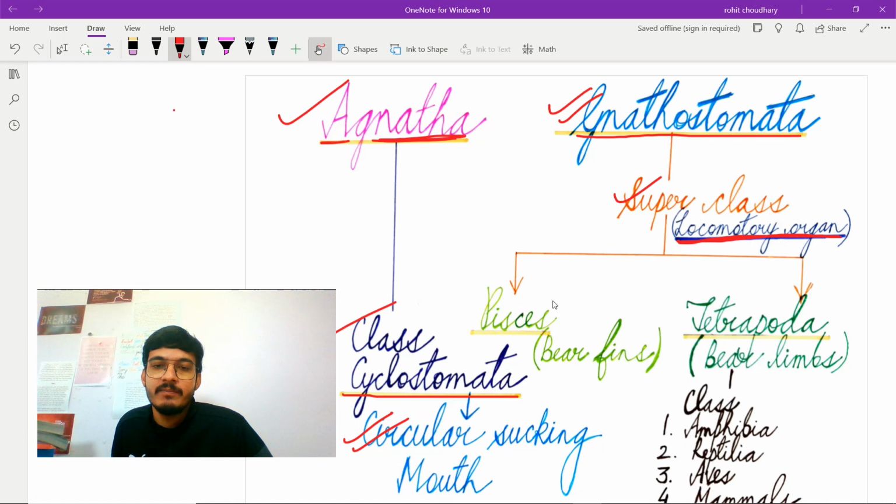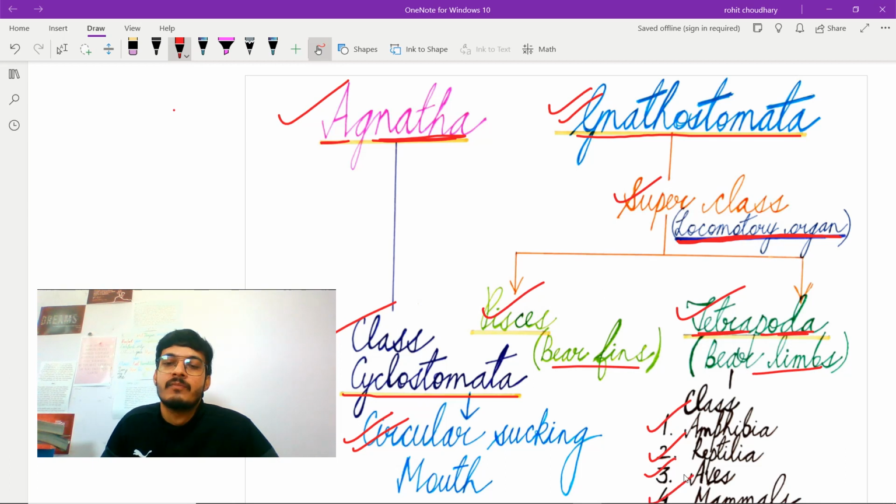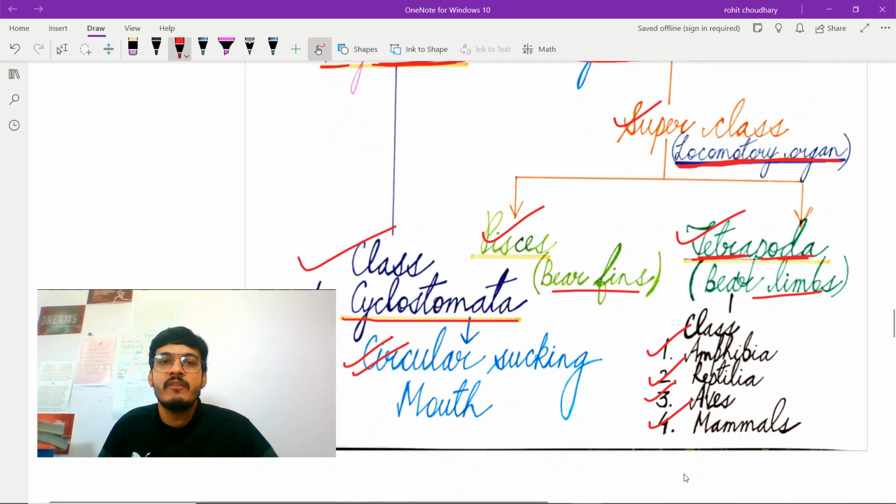The first one is Pisces, they bear fins, and the second one is Tetrapoda, they bear limbs. Tetra means 4 and poda means limbs. Tetrapoda has 4 classes: Amphibia, Reptilia, Aves, and Mammals.